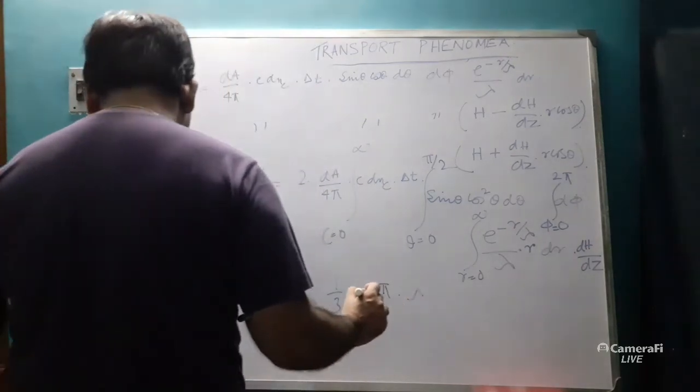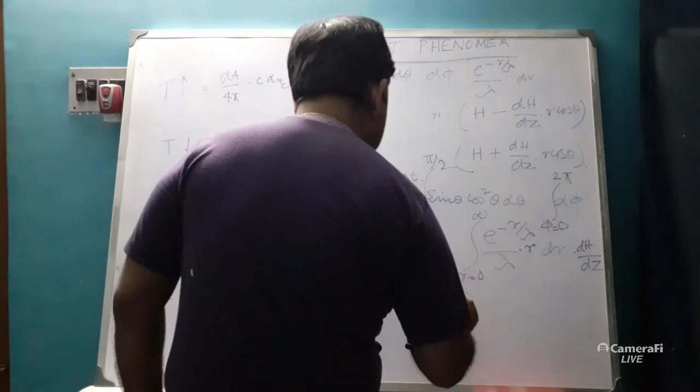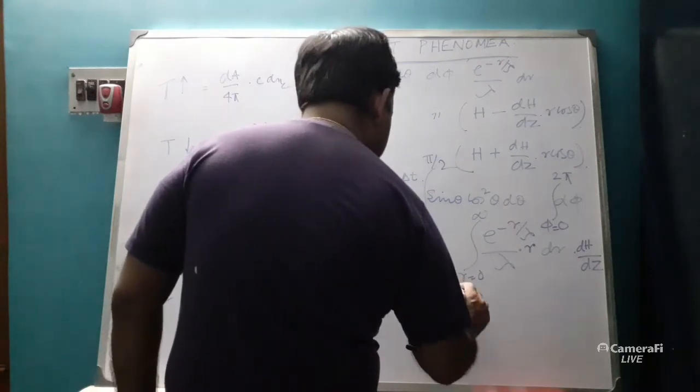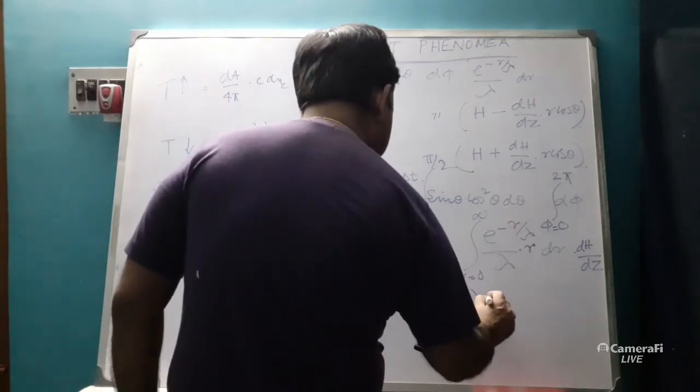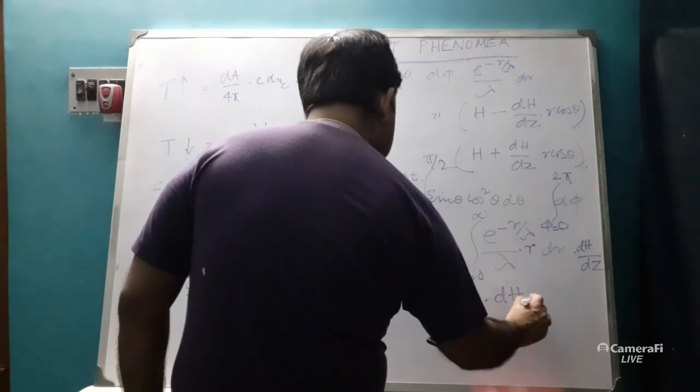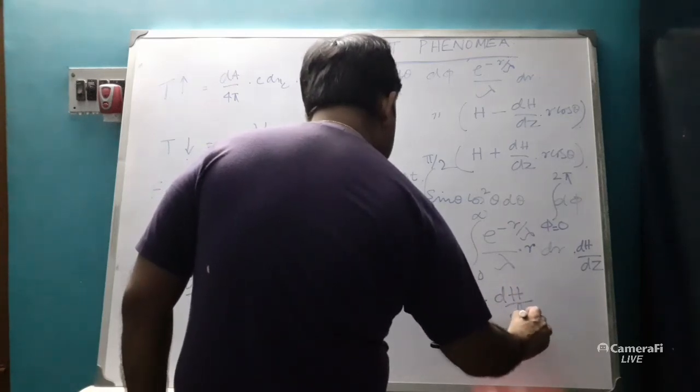And this integration would lead to lambda into gamma 2 into dH by dz.